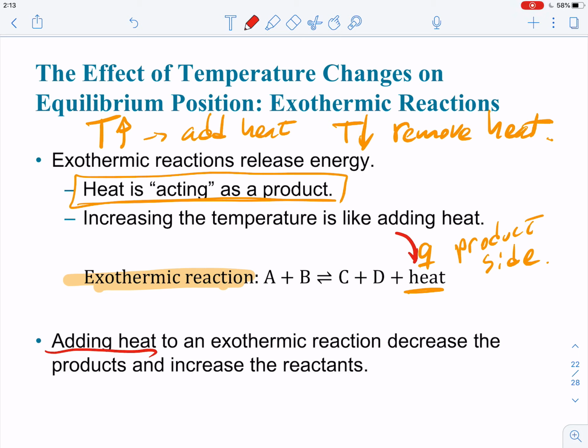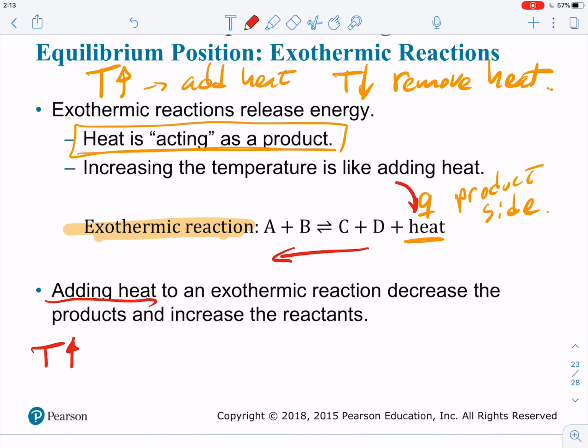Therefore, if temperature increases for an exothermic reaction, K decreases. Okay? And if the temperature decreases, meaning, let's write that down here.